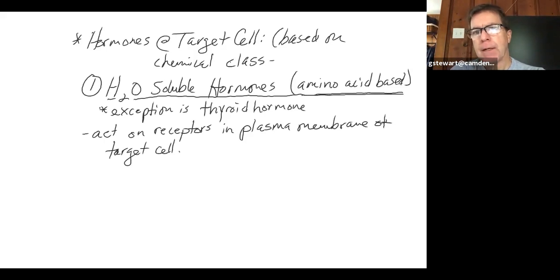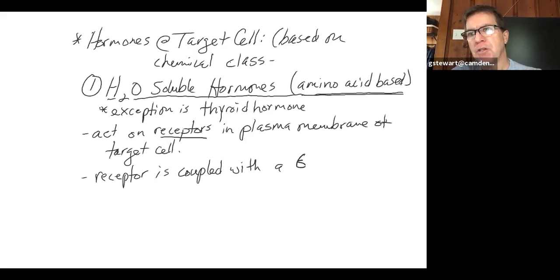Second thing I'm going to write is the receptor. That means this receptor is coupled with a G protein. I'll explain this in pictorial form after we write these couple sentences.